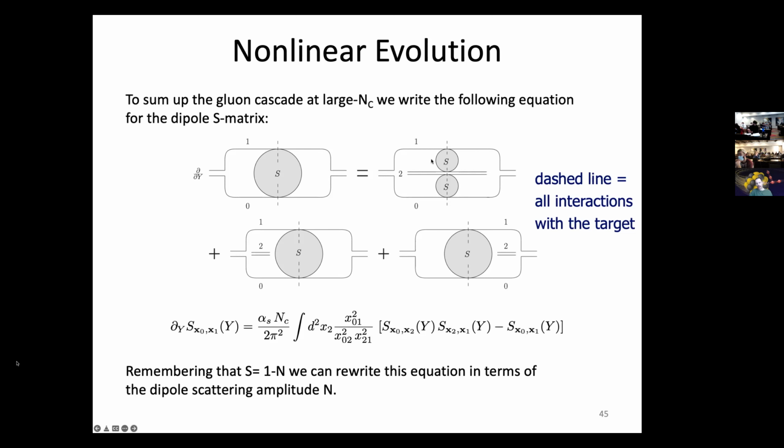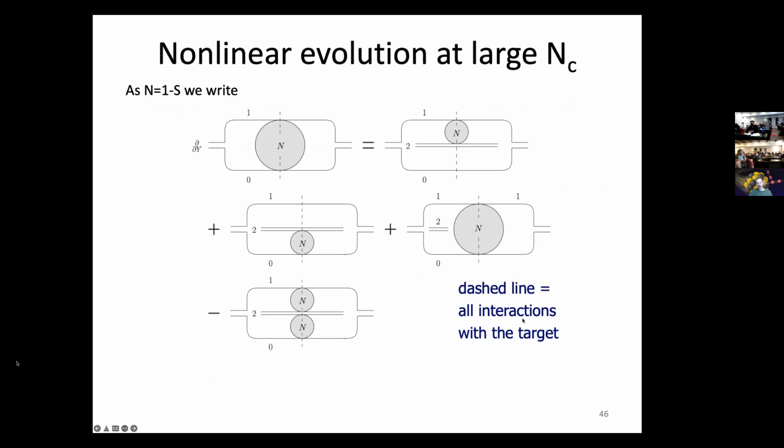So the first term, the splitting, the one that splits the dipole in two, comes in with two S matrices, and then virtual corrections in the second line of the diagrammatic representation come in with a minus sign. So we have this nonlinear equation for the S matrix.